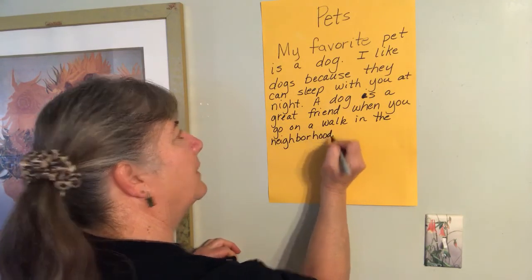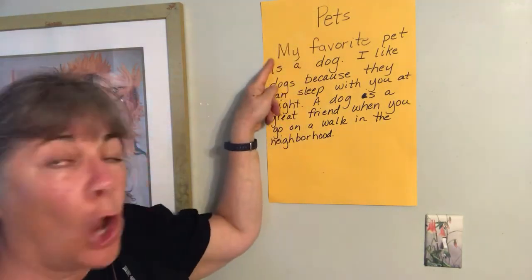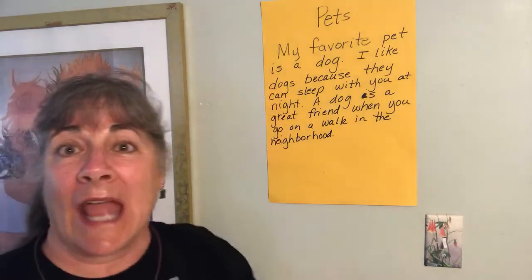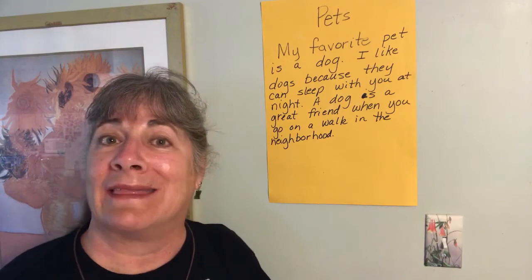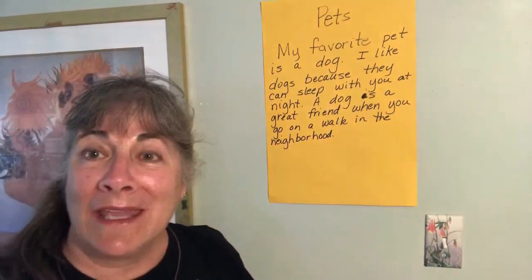Boy, this is developing very nicely. We know what our paragraph is about. We have our opening sentence, my favorite pet is a dog, and now I'm giving you 3 reasons why I think a dog is my favorite pet. I've given you 2, now I'm going to give you a 3rd one.